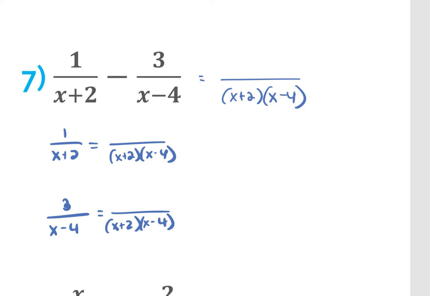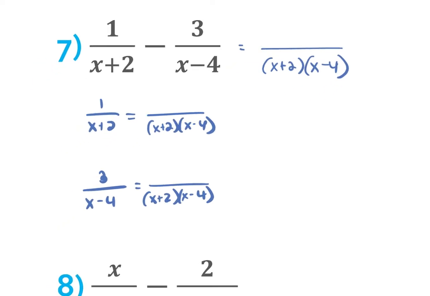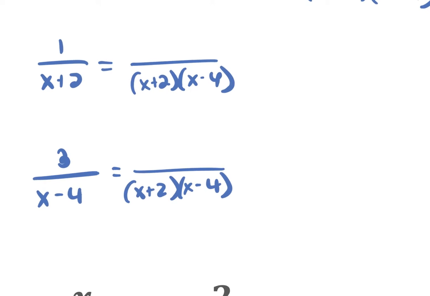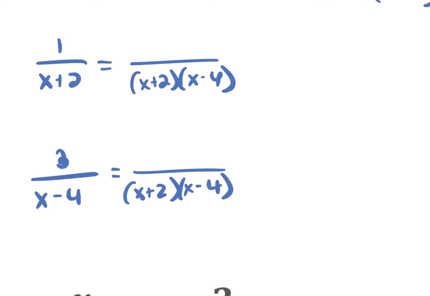Whatever's missing from the denominator from the original to the new, I'd have to multiply, and technically I'm multiplying by both the numerator and the denominator. So what's missing from 1 over x plus 2? X minus 4. So I'd multiply this by x minus 4, and I'd multiply this by x minus 4. And 1 times x minus 4 is x minus 4.